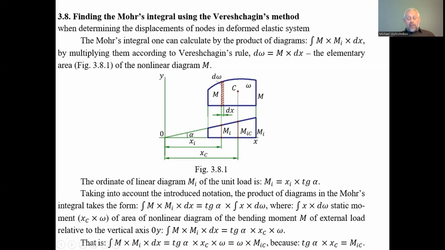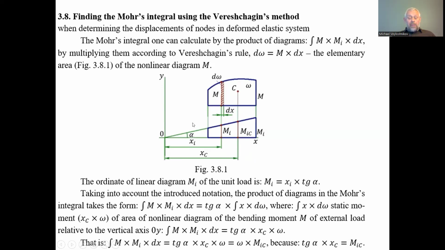That is because tangent alpha multiplied by the abscissa xc of the center of the area of the first diagram in the integrand is equal, on the other hand, to the moment of the second diagram for the same extent from the ordinate along axis x, perpendicular to the axis ordinate y.